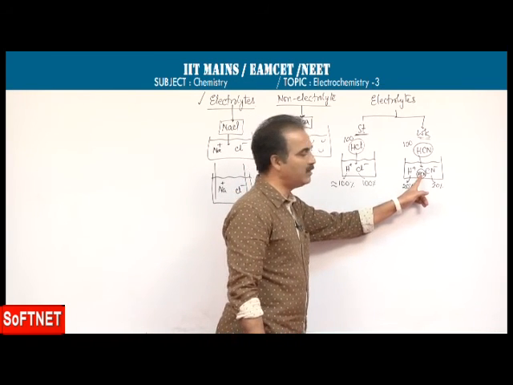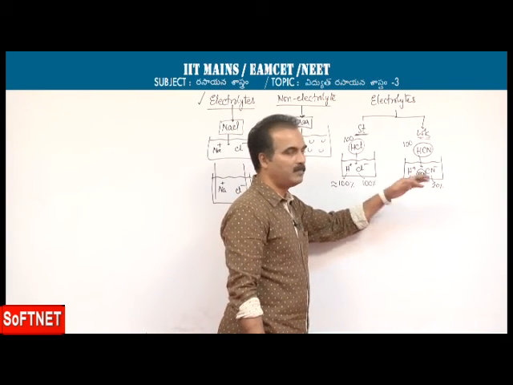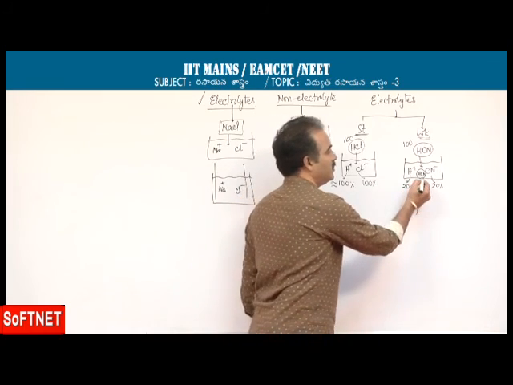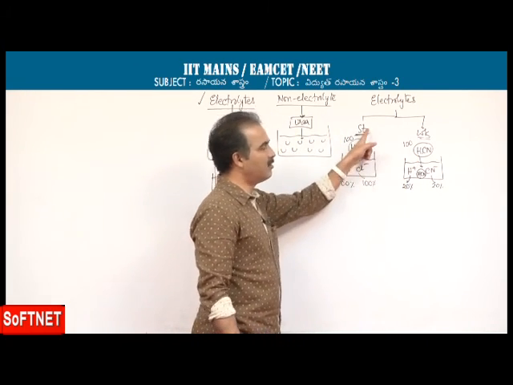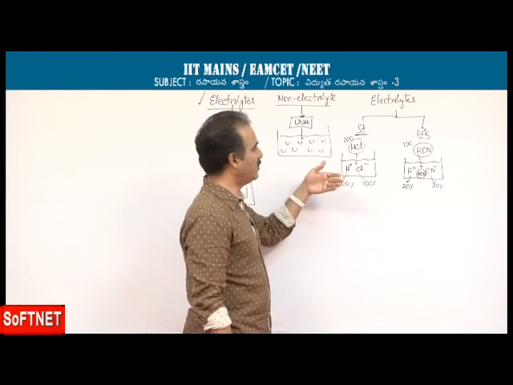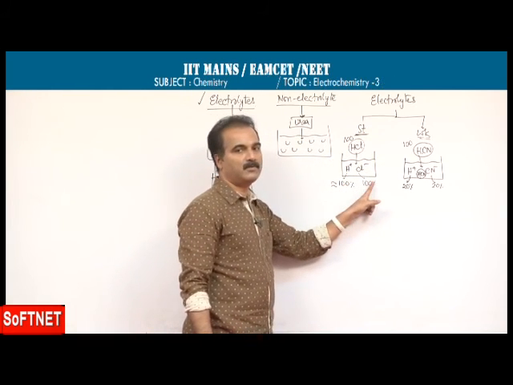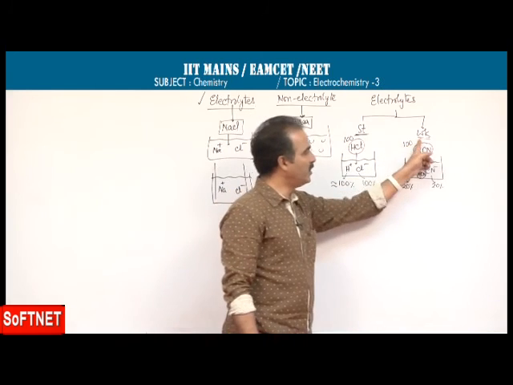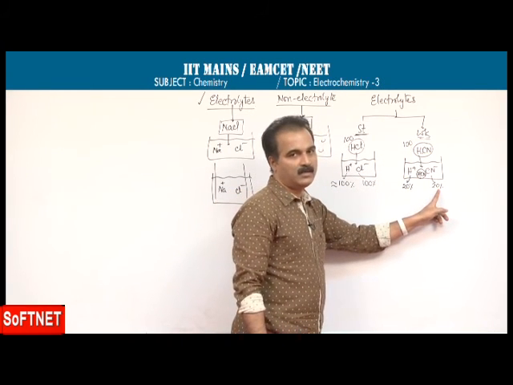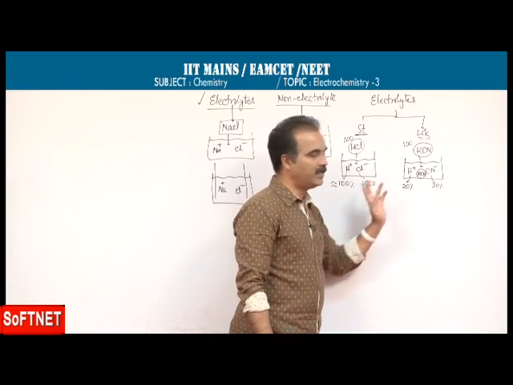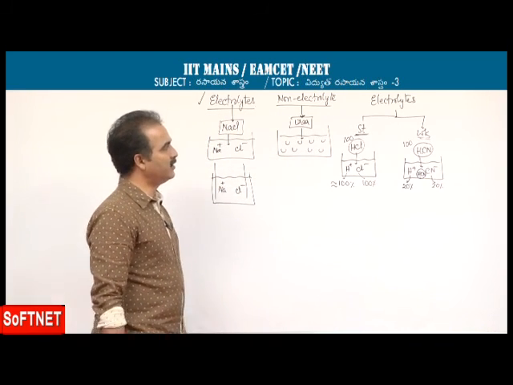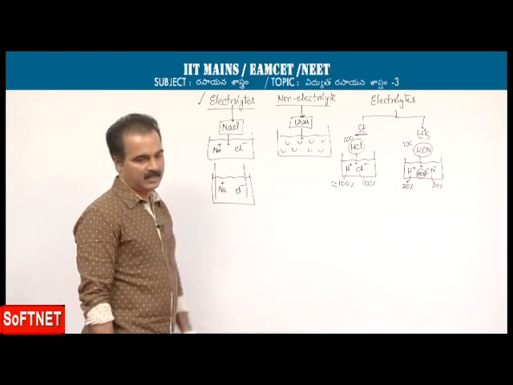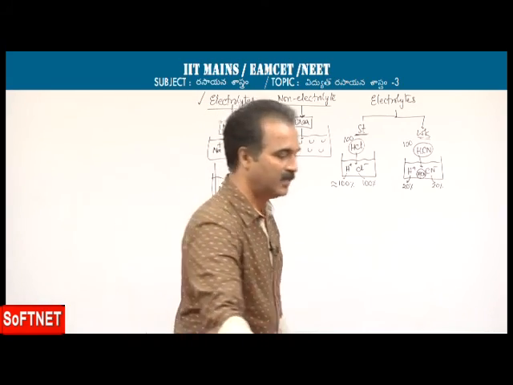That is undissociated acid, but it is a dissolved acid. So this is called a weak electrolyte and the other is a strong electrolyte. Finally, a strong electrolyte undergoes maximum ionization, a weak electrolyte undergoes a lesser degree of ionization, that is called the degree of ionization. Now we will study the factors influencing electrolytic conductance.